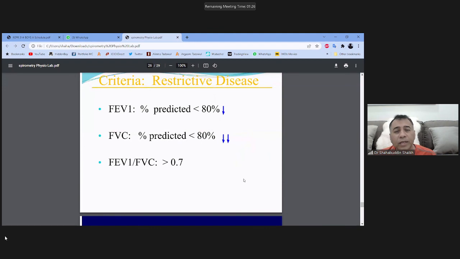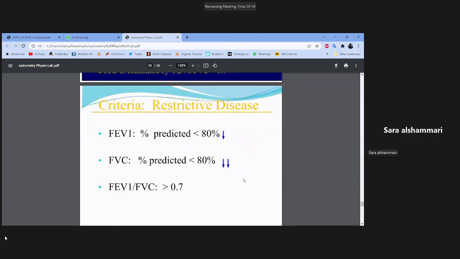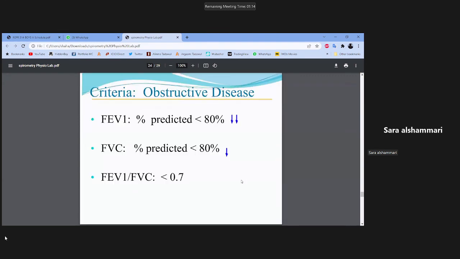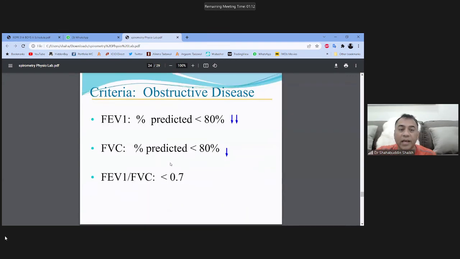If FEV1 is less than 80% of the predicted and FVC is also less than 80% of the predicted, then that person will be restrictive, right? So you have to read the table and identify. If FVC is normal or slightly less, but FEV1 is a lot less than normal, then it will be obstructive.